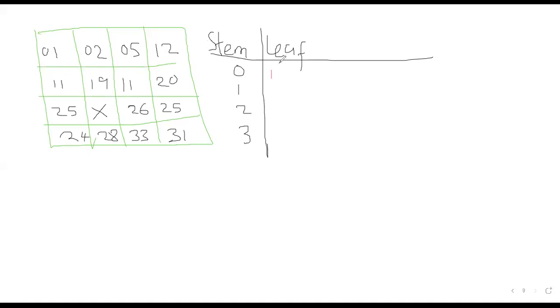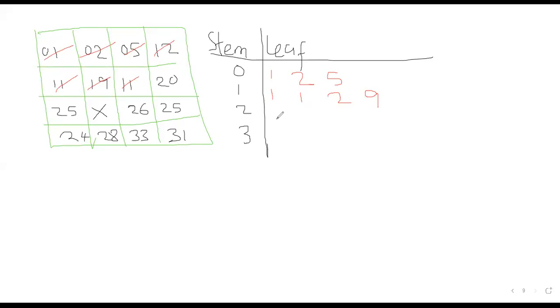And we have 02, so 2, and 05, so 5. On the ones, the smallest we have what? 11, which is this one. Then another 11. Then which one follows? 12, 1, 2. Then which one follows? 19, 1, 9.